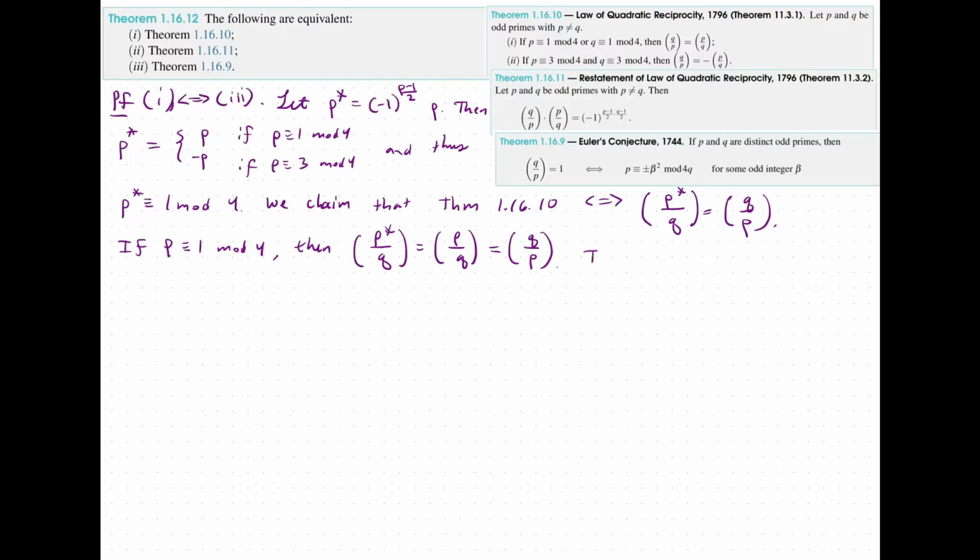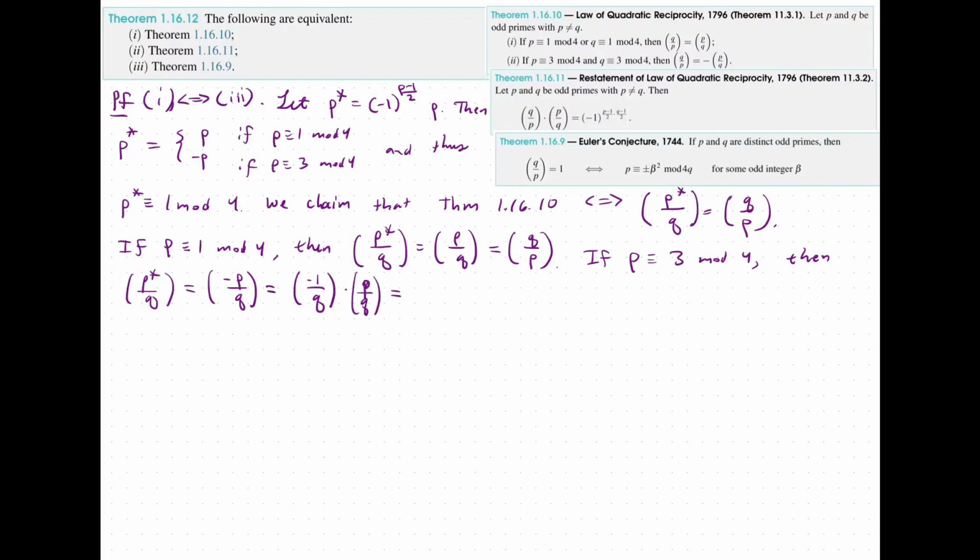If p is congruent to 3 mod 4, then we're going to have (p star on q) is going to be equal to (negative p on q). But now the Legendre symbol is multiplicative, so we have (negative 1 on q) times (p on q).